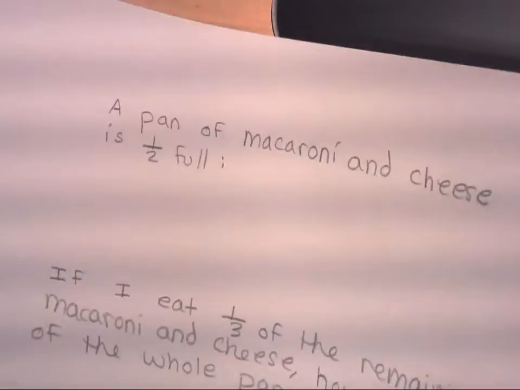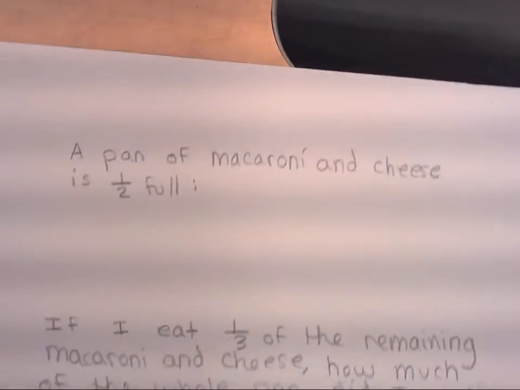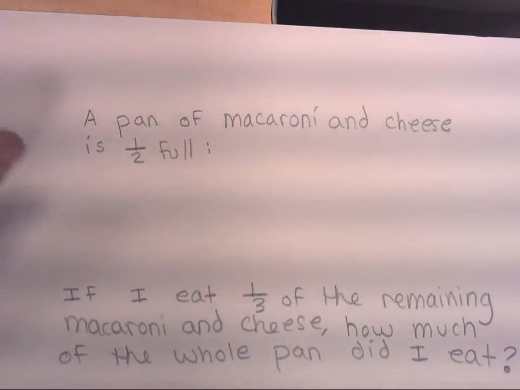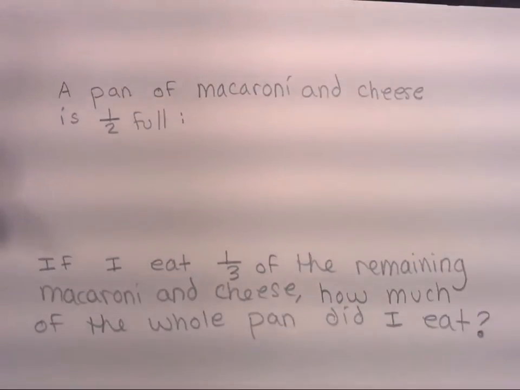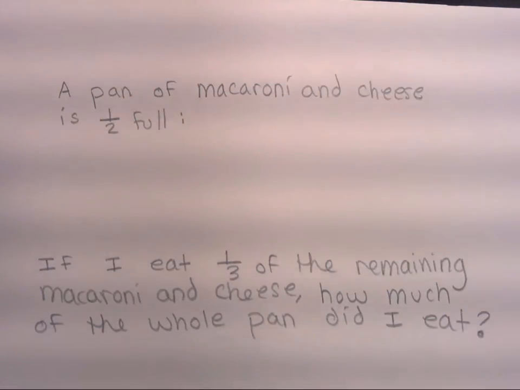So after we discussed the picture of the macaroni and cheese, students were given a situation. They were told that a pan of macaroni and cheese is halfway full, so half of the macaroni and cheese is absent from the pan, whether it's been eaten or thrown out, we're not sure.